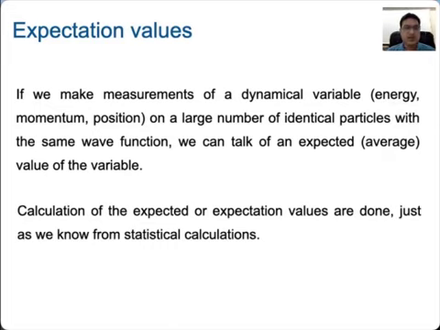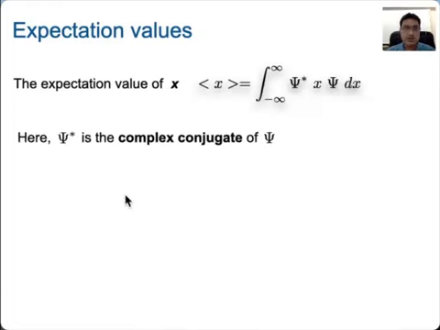The expectation value of a variable is calculated as we have seen in the statistical calculation. Suppose we have a variable x and we want to calculate its expectation value for a given wave function psi.